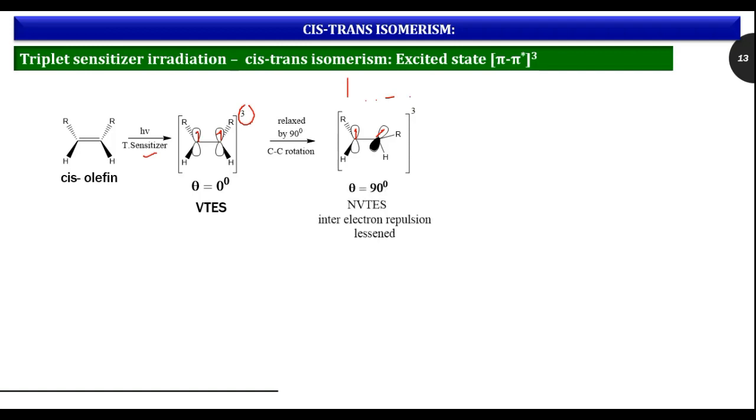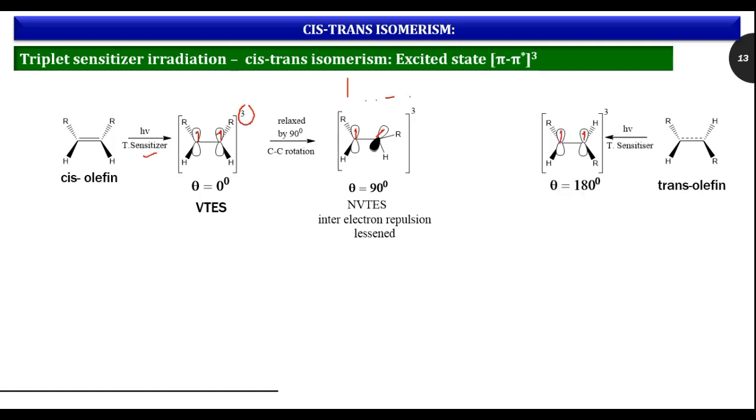Here theta is equal to 90 degrees. Here electron repulsions are decreased, as I already told you. The same thing you can do starting with a trans isomer. Trans isomer triplet sensitization converts it into an excited state, the triplet excited state.